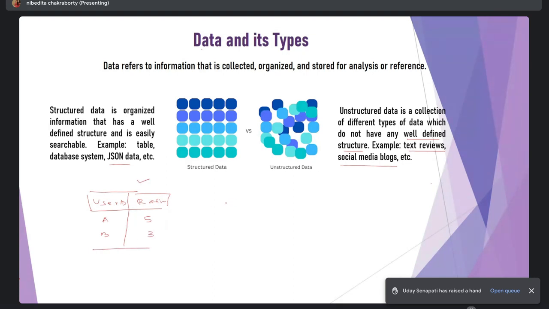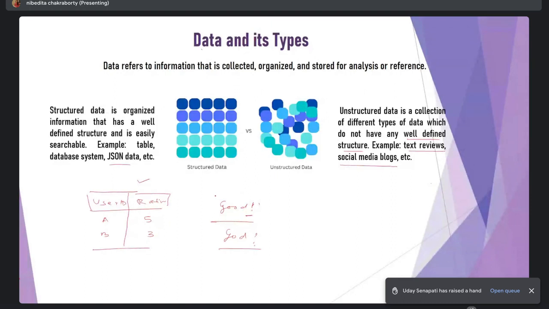But the review that we write, good, not good and so on, is this structured? This is not structured. Why? Because it can be inconsistent, meaning there is no particular format to follow. By mistake I might give a double space in between, or make a spelling mistake.